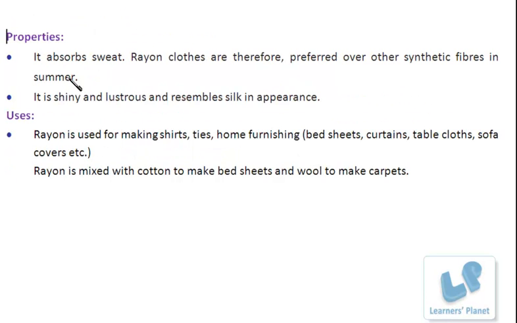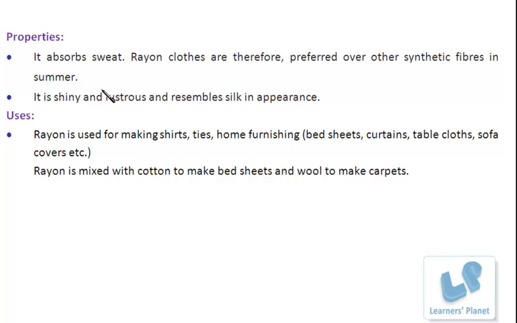Let's see the properties of rayon. It absorbs sweat. Rayon clothes are therefore preferred over other synthetic fibers in summer. Other synthetic fibers like nylon and terylene do not absorb sweat as much. But rayon has the quality of absorbing sweat just like natural fibers.